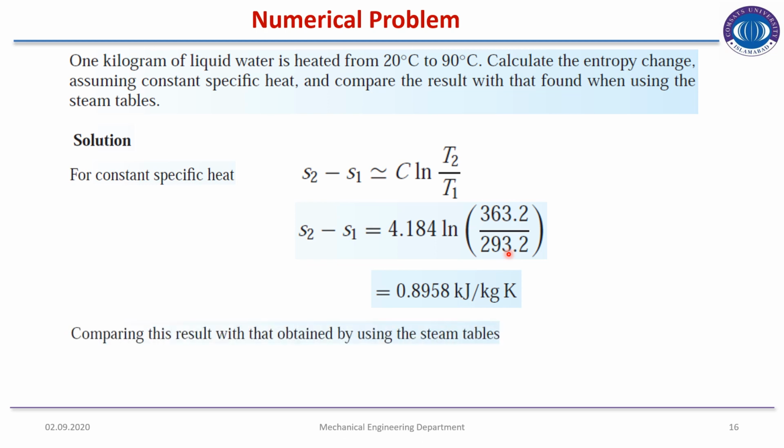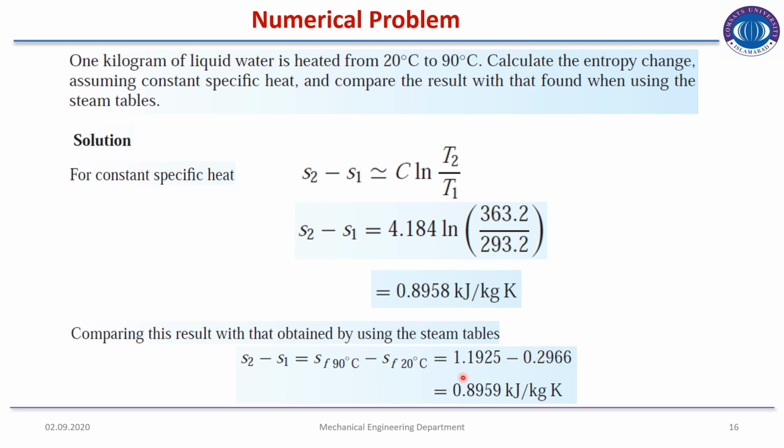Now we will compare the result obtained with the results found in the steam table. In the steam table, in the portion of liquid water or saturated liquid, we will find the values of entropy for 90 degree centigrade and 20 degree centigrade, that are 1.1925 and 0.02966 respectively.